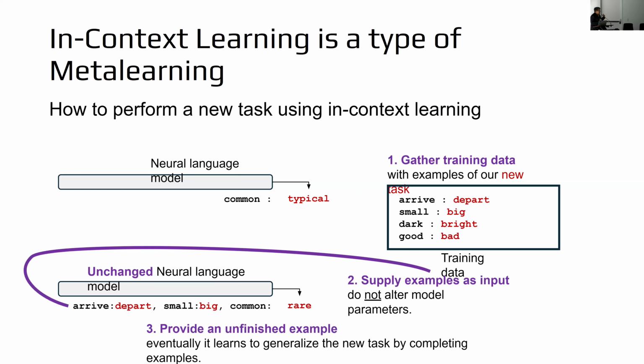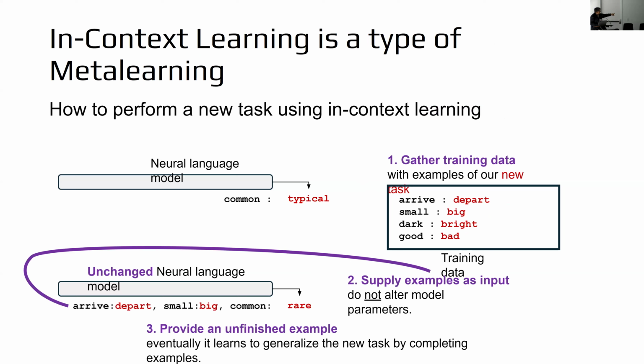The meta learning way of doing this is, instead of changing the model parameters by applying gradient descent over these types of training sets, to take these training sets, like this opposite world training set, and supply it as analogy input to the language model.